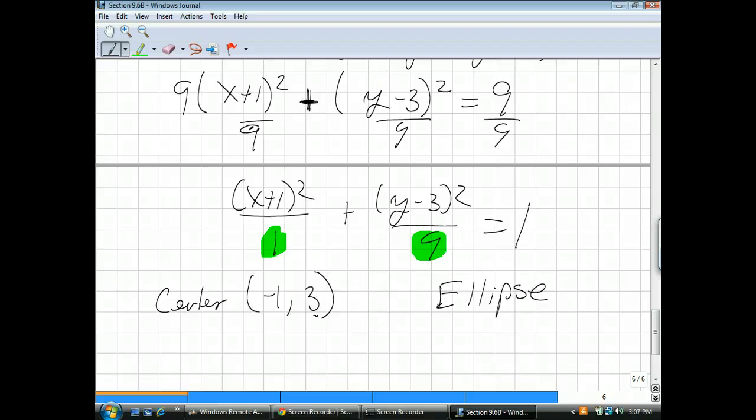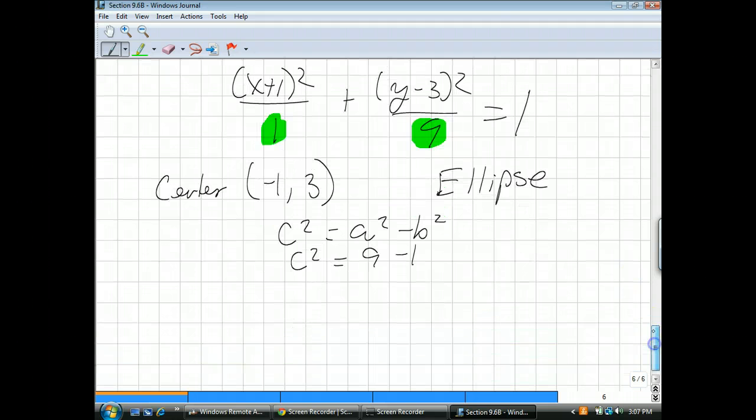And we know that c squared equals a squared minus b squared. And we know that 9 is our a squared. So c squared equals 8. So c equals plus or minus 2 square root 2.